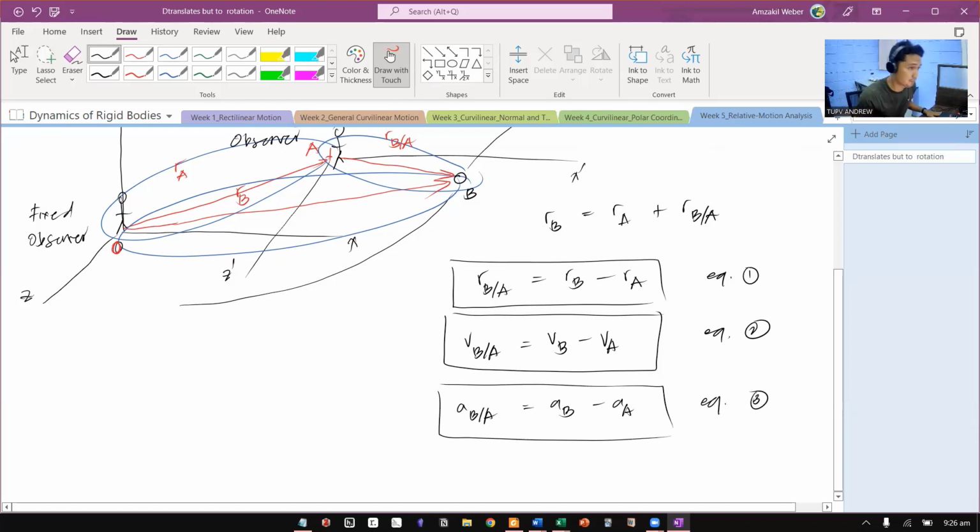It did not add anything to our formulas for this type of analysis. Except that these equations can be used with whatever reference, whatever coordinate system that you're using, maybe rectangular, polar, or tangential. Because notice, our subscripts are just B and A, and B and A are objects in space, right?